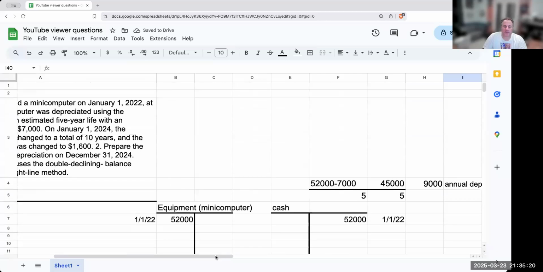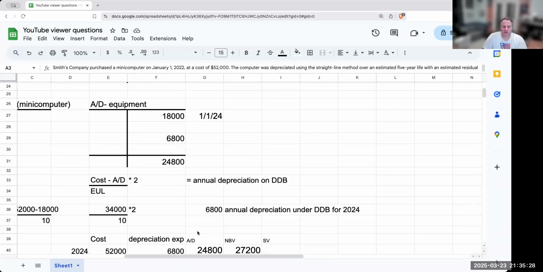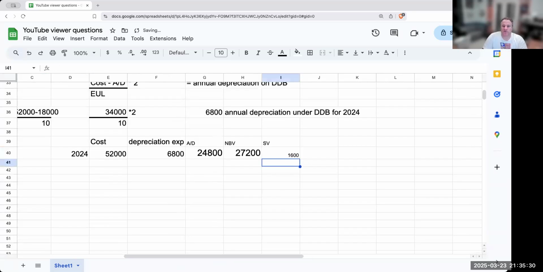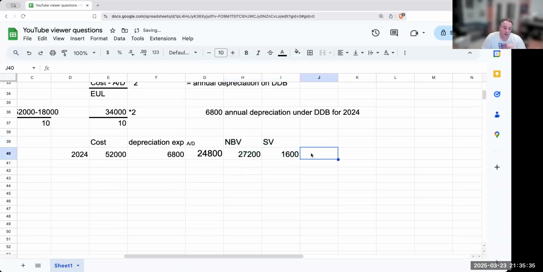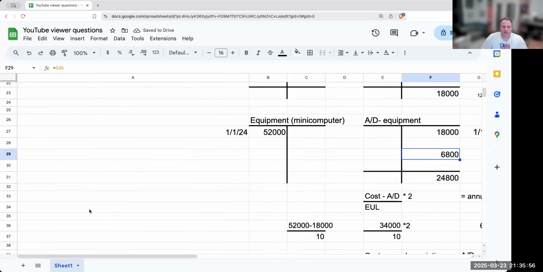It tells me my new salvage value was 1,600. Now I can continue to depreciate the asset provided the net book value is greater than the salvage value. My net book value is greater than my salvage value, so I can keep depreciating. So my depreciation expense would be 6,800.